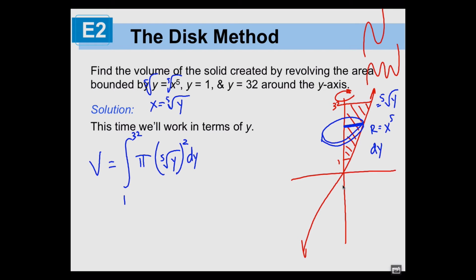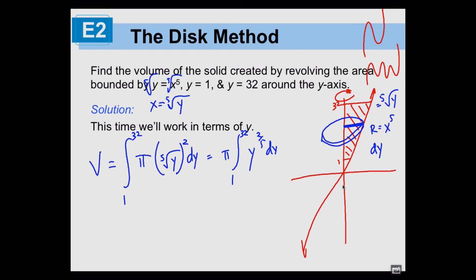We good? You can move the pi out in front so it stays out of the way. What's the fifth root of y squared? Y to the 2/5 or y to the 5 halves? Y to the 2/5. So this is the same thing as pi times the integral from 1 to 32 of y to the 2/5 dy.